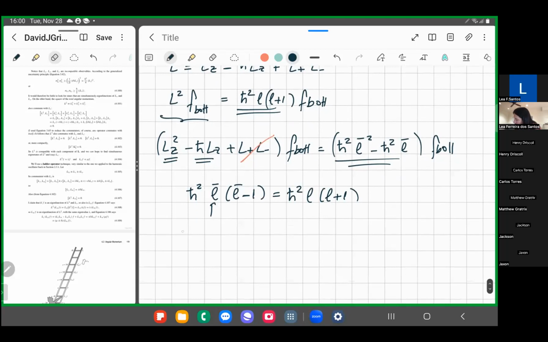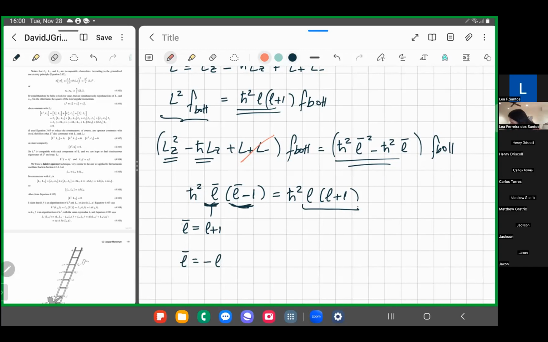One is if I put L bar equals to L plus 1, because this would give me L and this would give me L plus 1. This is a possibility. Another possibility that also works is if I say that this is minus L, okay? Because this will be minus L, and here I have minus L minus 1, and then I recover this part. Okay, so these are two possibilities that satisfy this equation.